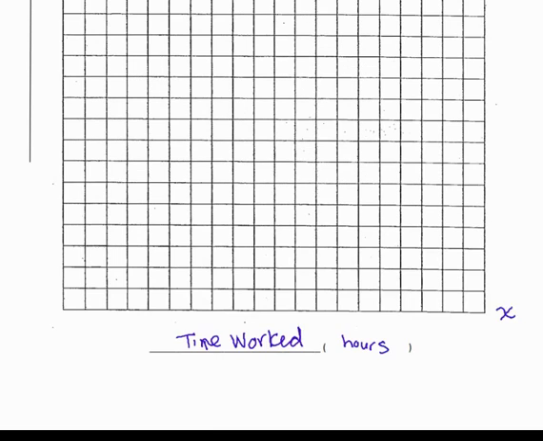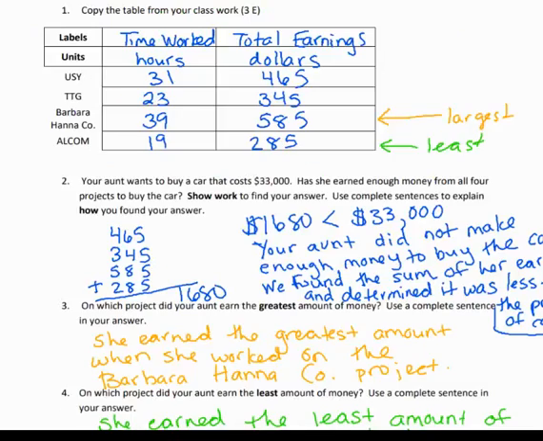What goes on the vertical axis, up and down? Dollars earned. Right. So be specific. Total earnings and then dollars. Good. I'm not sure why they made that so skinny, but dollars goes in there. Okay, again, how am I coming up with that, folks?